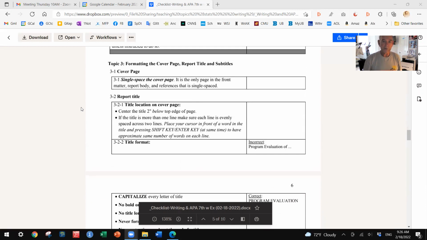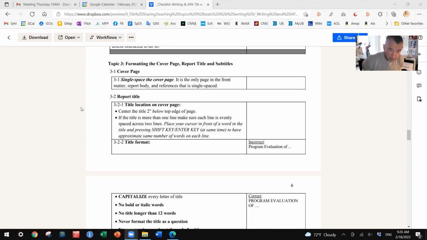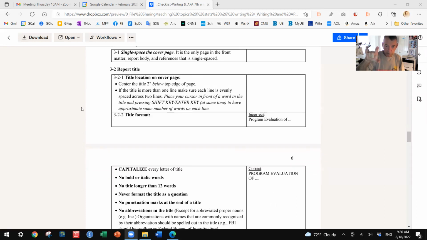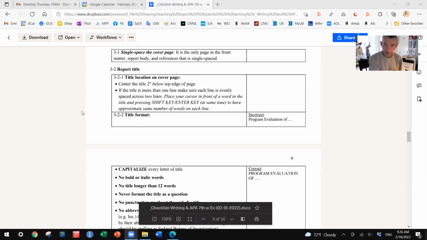Okay, let's go to topic 3. On topic 3, it's formatting the cover page, the report title, and the subtitles. In terms of the cover page, single space the cover page, I already mentioned that earlier. The report title has to be 2 inches below the top of the page, not right at the top of the page. And I show you here how to cause it to drop down a little bit if you need to.